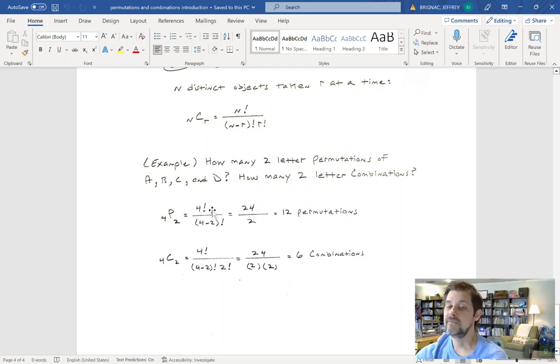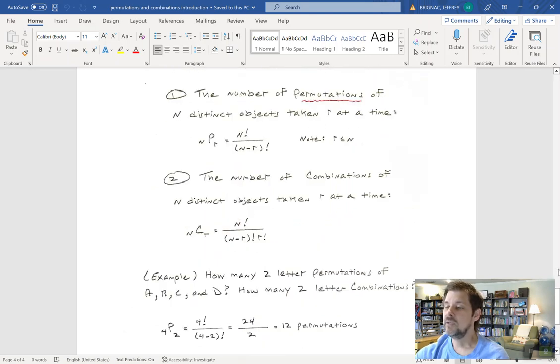If I calculate that, it's 24 over 2, which is 12 permutations. And how many combinations? Among the letters A, B, C, and D, that's 4 objects, taken 2 at a time: 4 factorial over 4 minus 2 factorial times 2 factorial. Work that out, it becomes 24 over 2 times 2, and that turns out to be 6. So there's 12 permutations and 6 combinations.